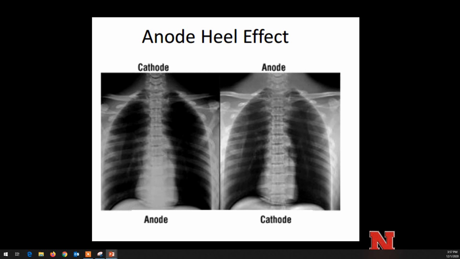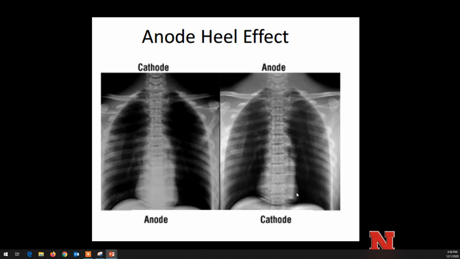They like to test this with chest x-rays. On the ideal chest x-ray, you should barely see the vertebral bodies behind the heart. So this is like what a thoracic spine radiograph looks like. You can see the spine almost better than you can see the heart, or at least equally as well. This is bad. This is over-penetrated. And the reason is the position of the cathode and the anode, right?